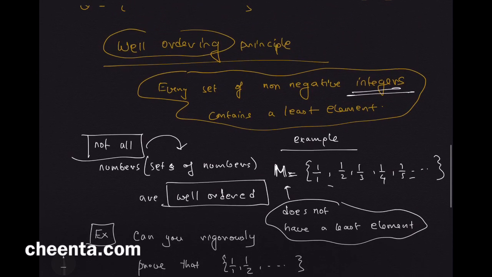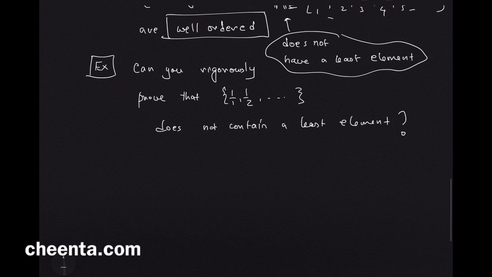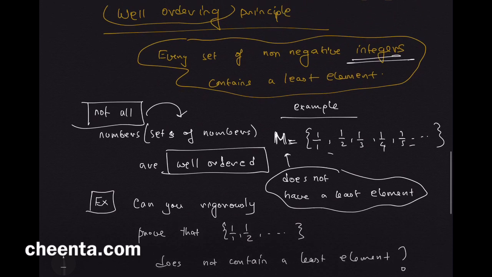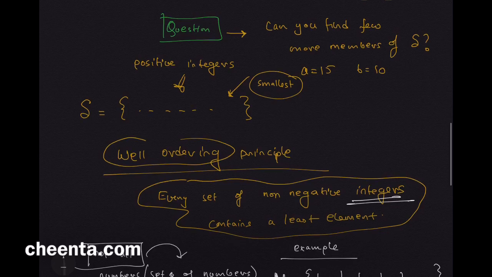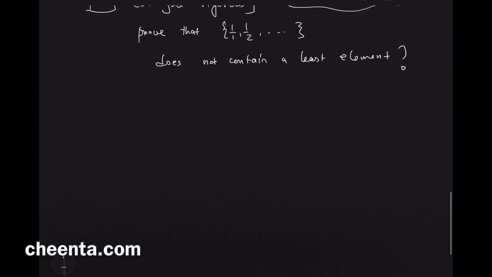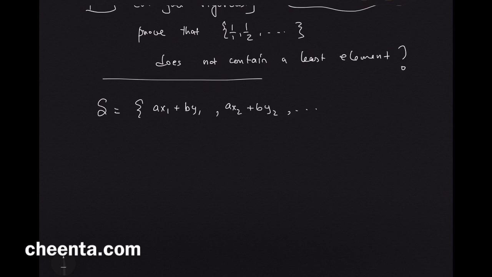Or if you're on YouTube, you can write it in the comment section. Okay. So now, let's look at this. We will assume that the well ordering principle works for non-negative integers, which we know it does. So S has a bunch of elements like ax1 plus by1, ax2 plus by2, and so on, such that axi plus byi is greater than 0 and xi, yi are integers.